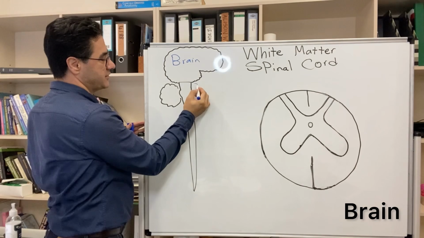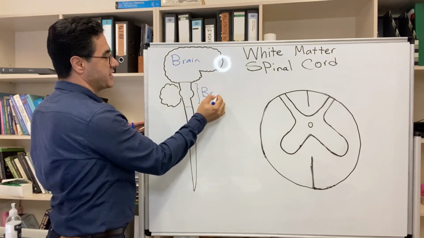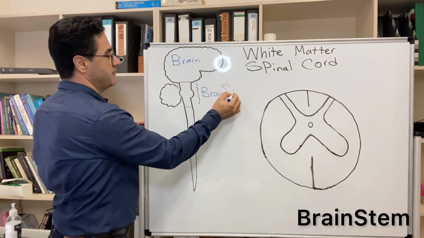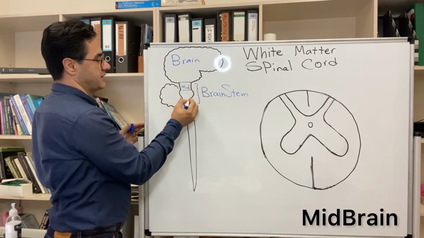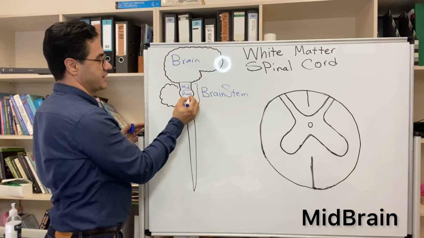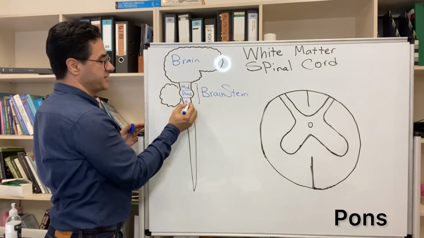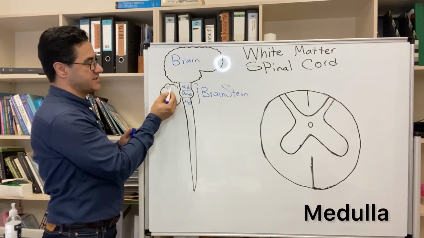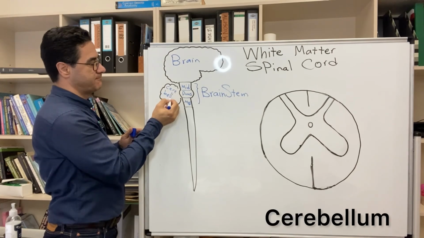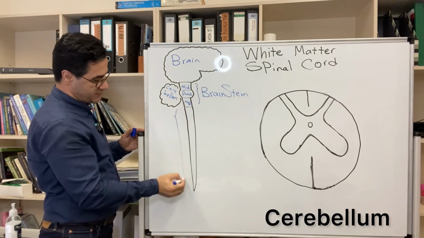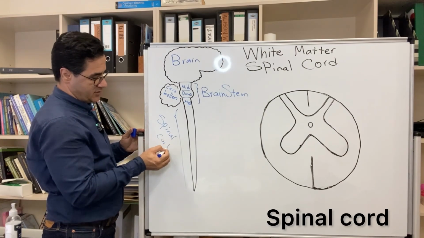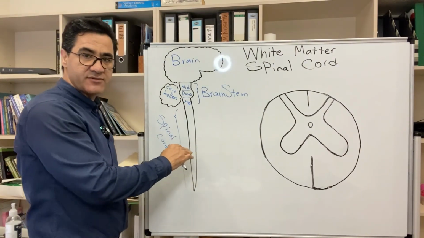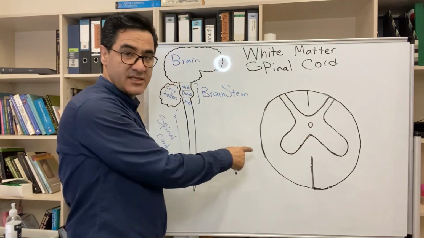In the middle you can see the brain stem, which is comprised of the midbrain, pons, and down here the medulla. At the back you can see the cerebellum, and down here we have the spinal cord. If you take a cross section through the spinal cord, you can see this image.